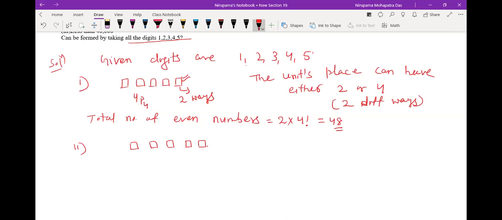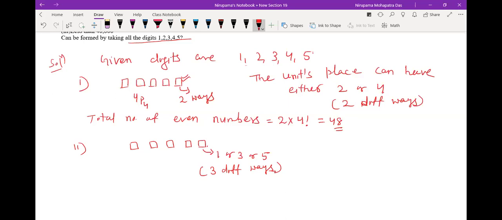So when it is odd numbers, you can have 1 or 3 or 5. Here you can place one of the 3 digits, 1, 3, 5. So we have 3 choices here, either 1 or 3 or 5, because the numbers are odd.